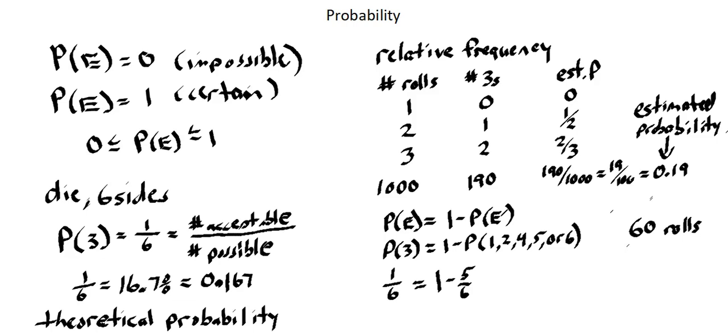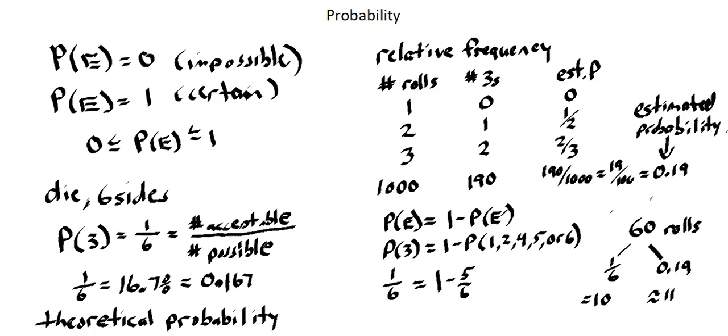Well, it depends on whether I want to use my theoretical probability of 1 over 6 or my estimated probability of 0.19. If I were to apply the theoretical probability, 60 times 1 over 6 gives me 10 threes, and 60 times 0.19 gives me approximately 11 threes.